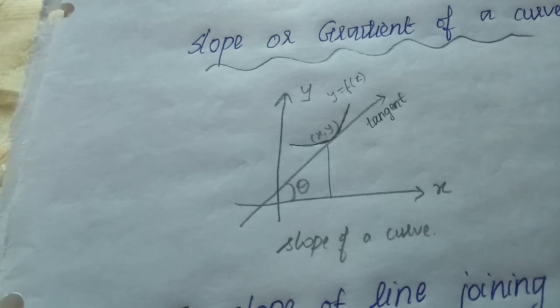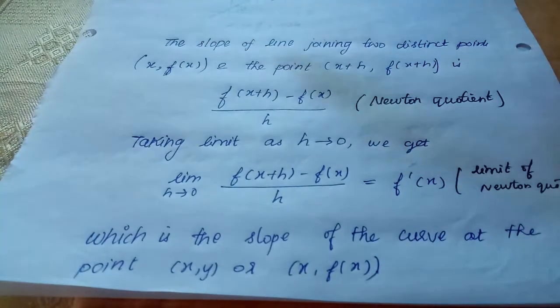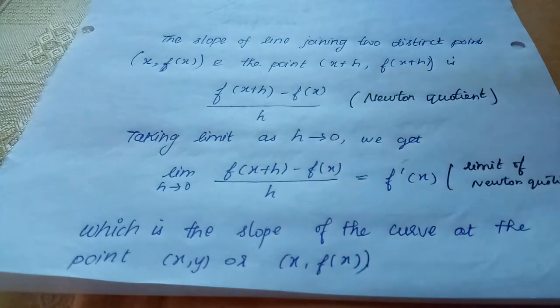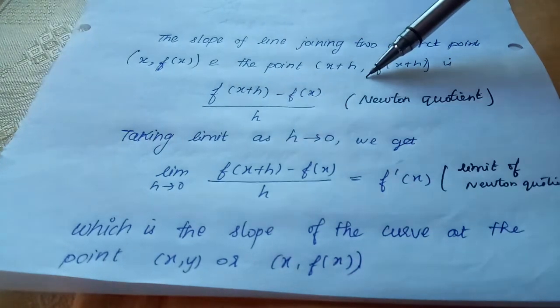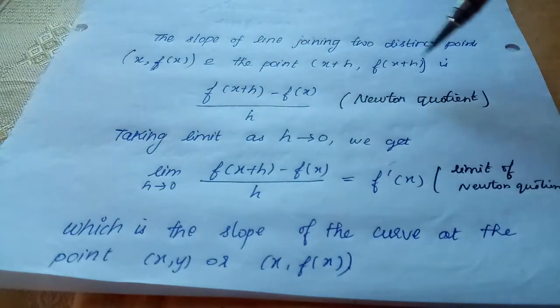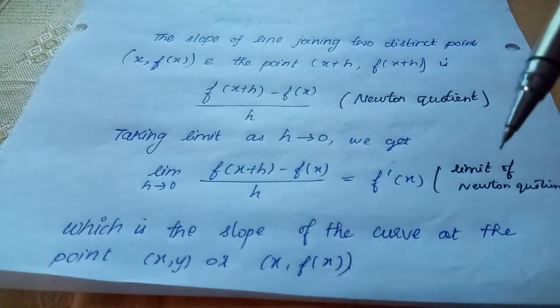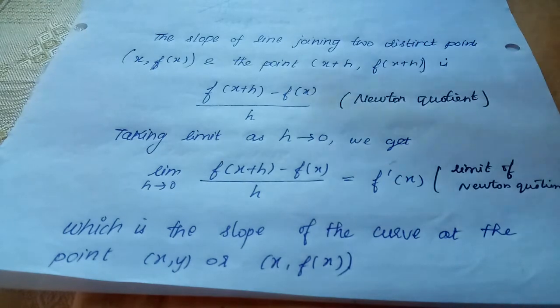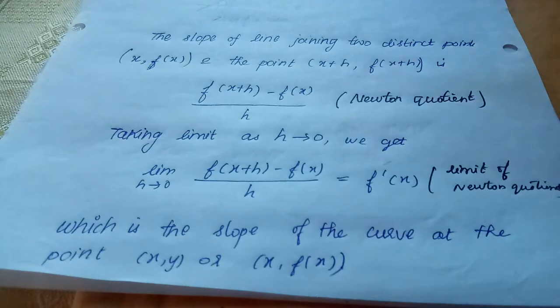How to find the slope of a curve? The slope of the line joining two distinct points x comma f of x and the point x plus h comma f of x plus h is f of x plus h minus f of x by h, that is, y2 minus y1 by h.